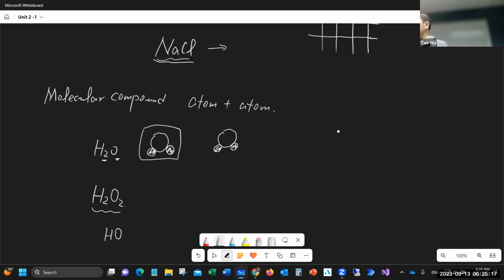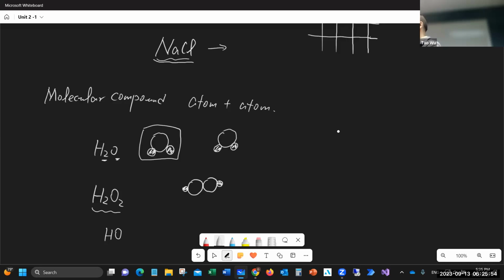This is not right, because this is a molecular compound. Two hydrogen atoms and two oxygen atoms are exactly what show in the molecule. If you divide by 2 to get 1 hydrogen and 1 oxygen, we're not going to have this kind of molecule.